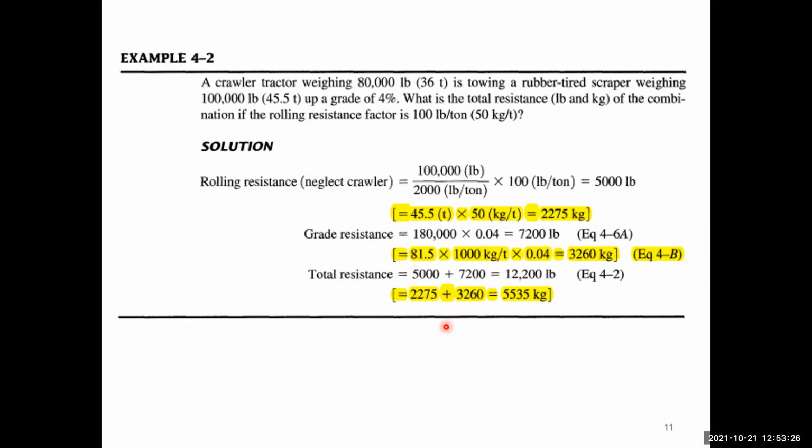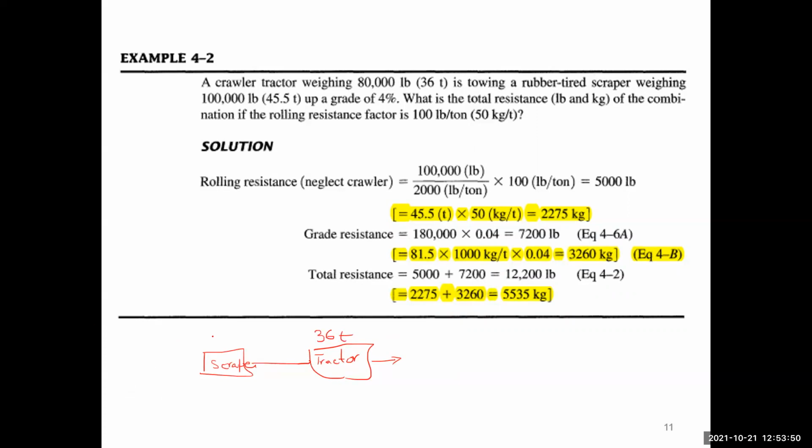So for example, there is a tractor, and the tractor is pulling a scraper. Tractor weight is 36 ton.